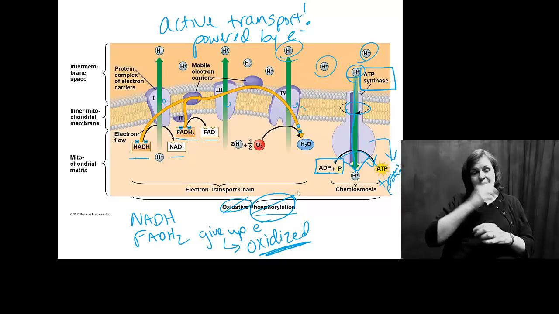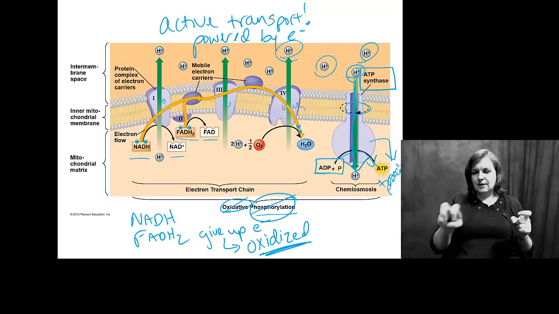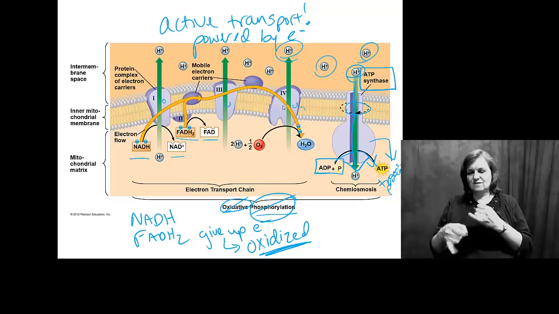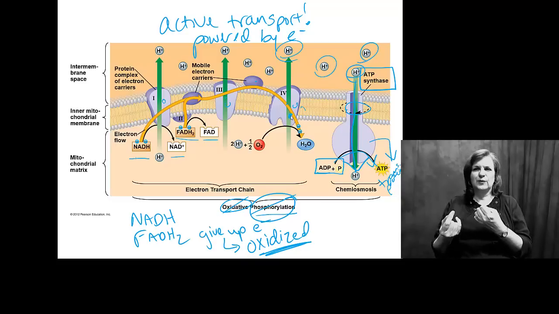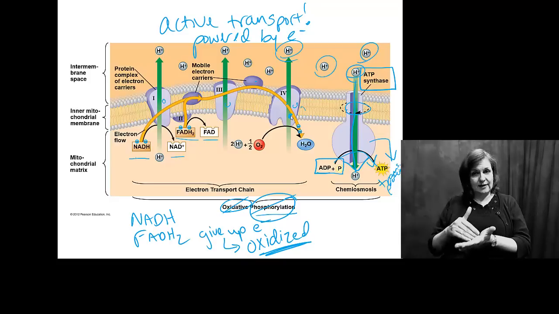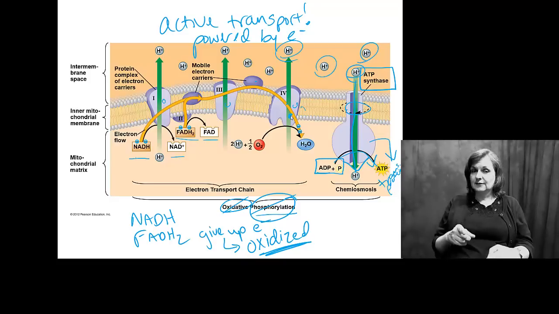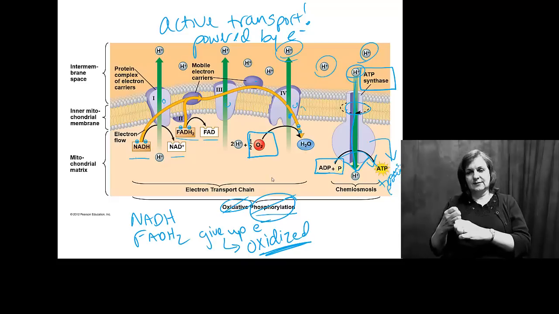The water comes in because these electrons are moving from protein to protein to protein, redox reactions the whole way. They get to this final protein and the protein goes, now what? We have to get rid of those electrons so the process can start again and we can keep doing this. Oxygen picks up those electrons.